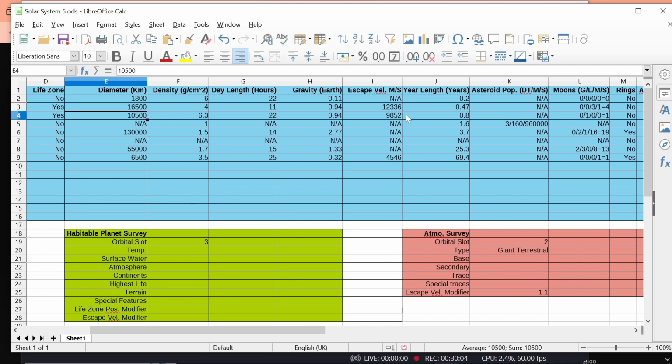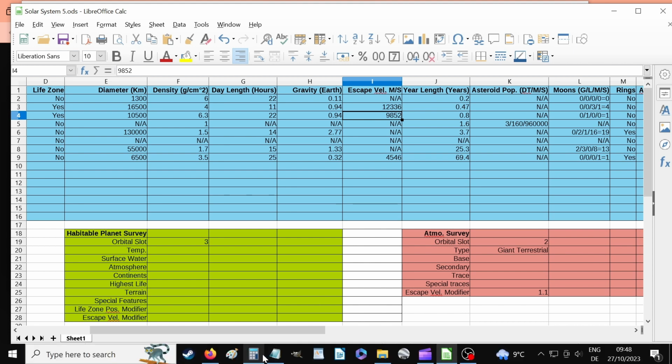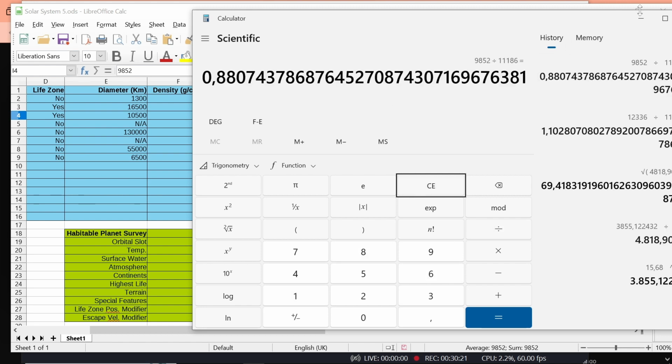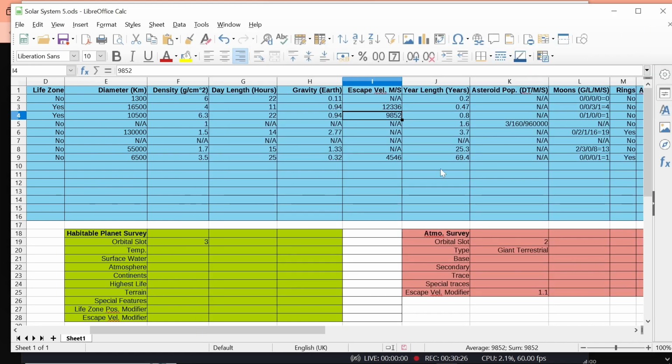So the escape velocity for that is 9852. So we simply take 9852 divided by 11186, and that gives us 0.88.